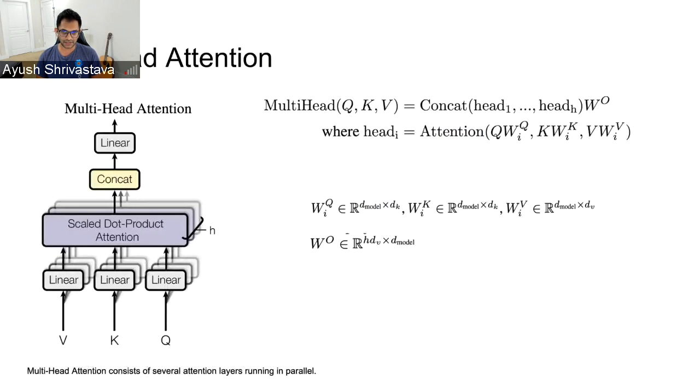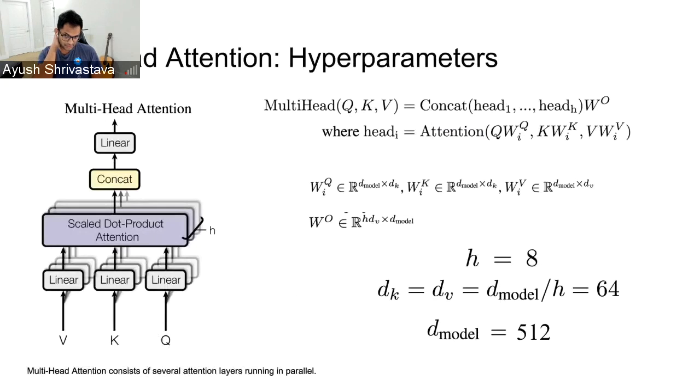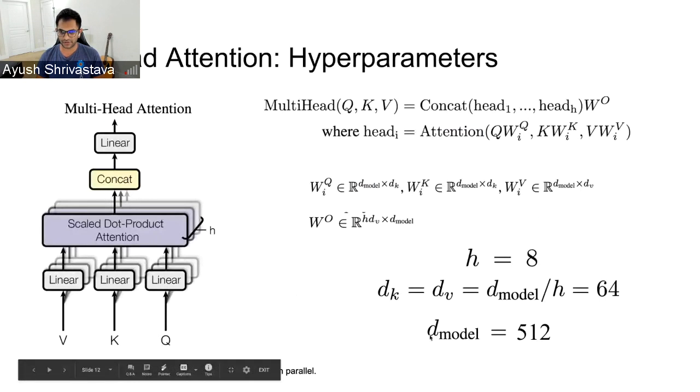In the architecture, the number of parallel heads they have used is 8, the dimension for key and value is the same, kept at 64, and the feature dimension for the model is kept at 512.